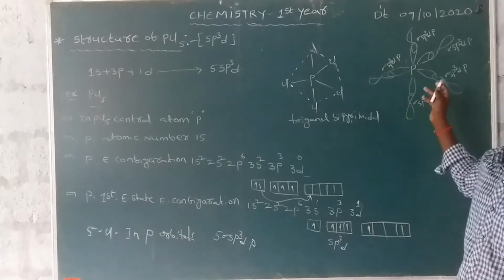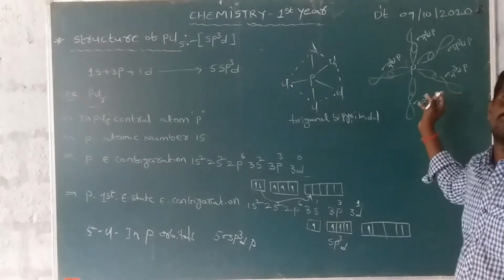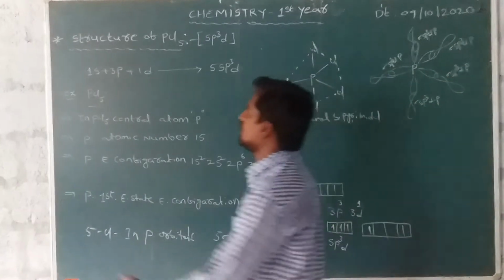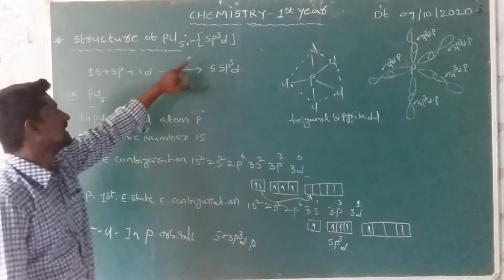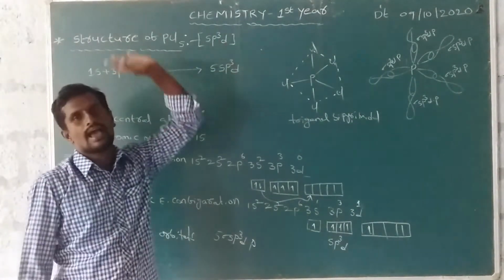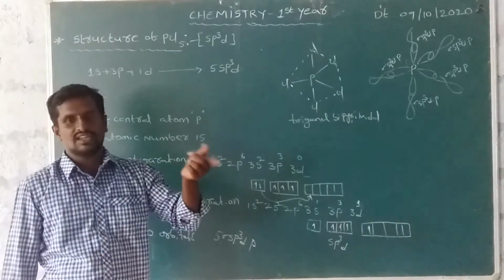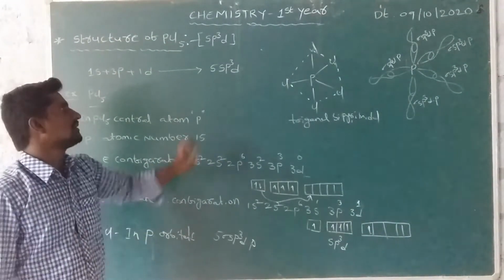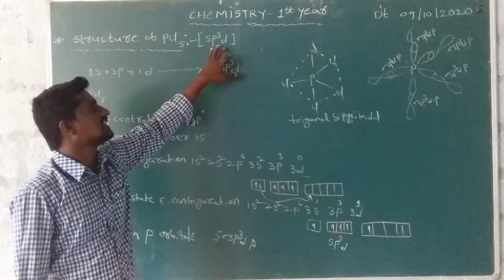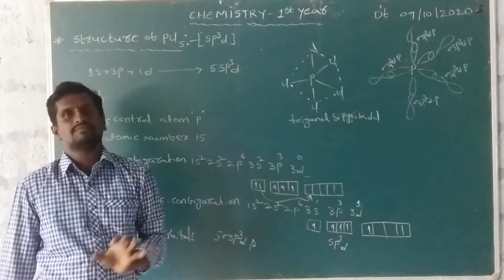This structure is a trigonal bipyramidal structure. This is the structure of PCl5, or explain the sp3d hybridization. This question is commonly asked in exams: structure of PCl5 or explain the sp3d hybridization.